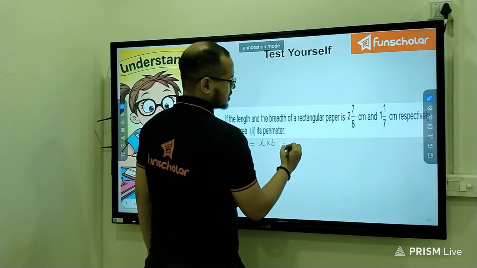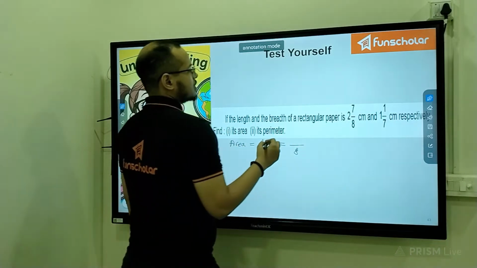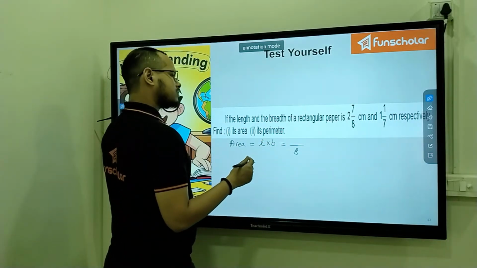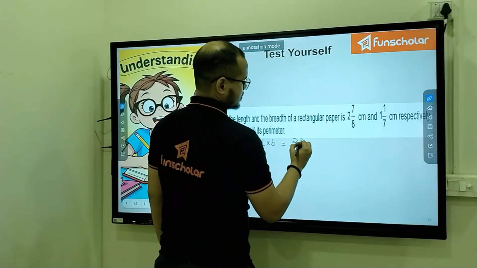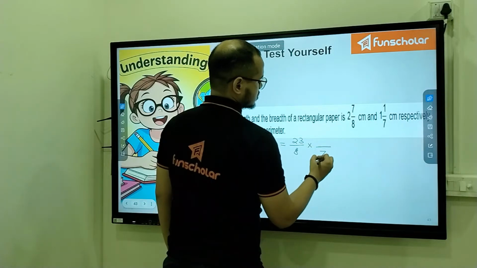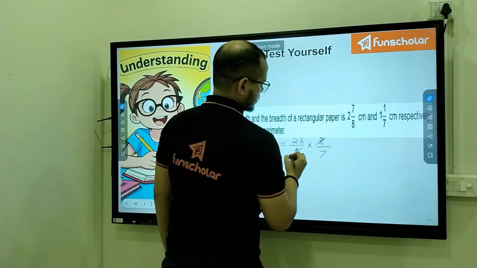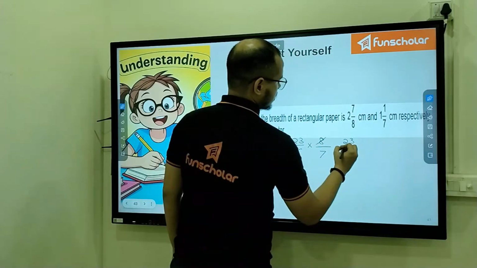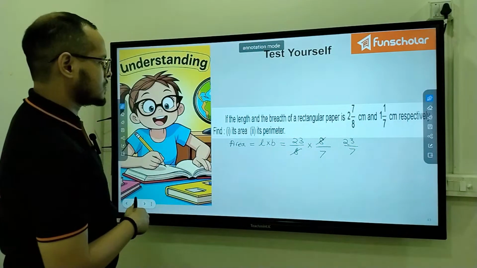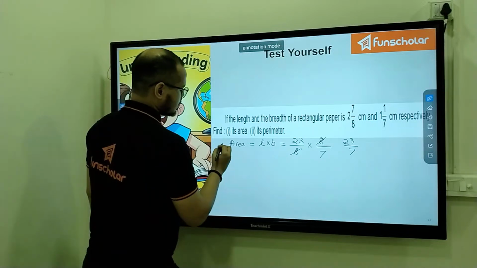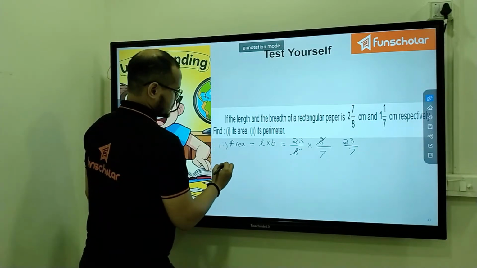Length we have as 23 by 8, into breadth, 8 by 7. Good. So this comes as the area, and now it's time for the perimeter.